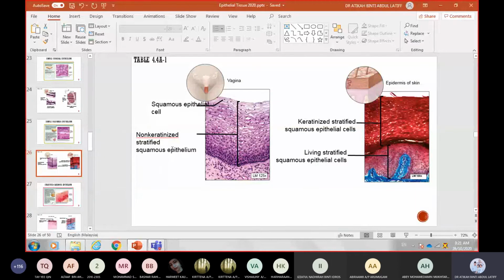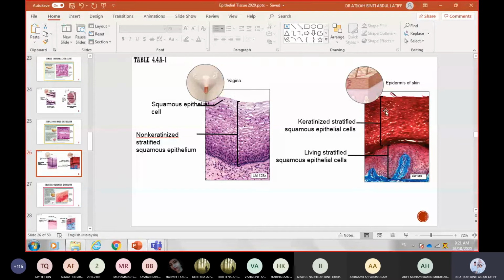Okay, so next we have stratified squamous epithelium. For stratified squamous epithelium, we have non-keratinized and keratinized. Basically in non-keratinized, we don't have the keratin layer. You can see here, this is the keratin layer, and this is the epithelial cells or stratified squamous epithelium.